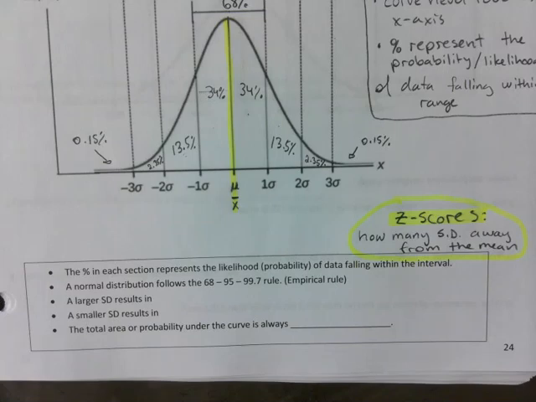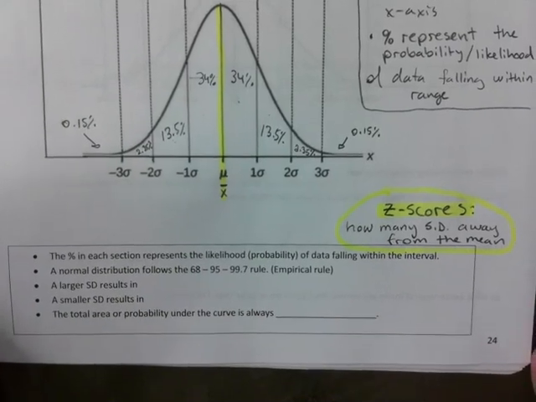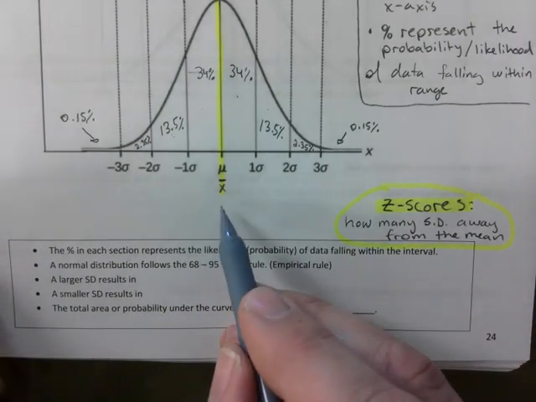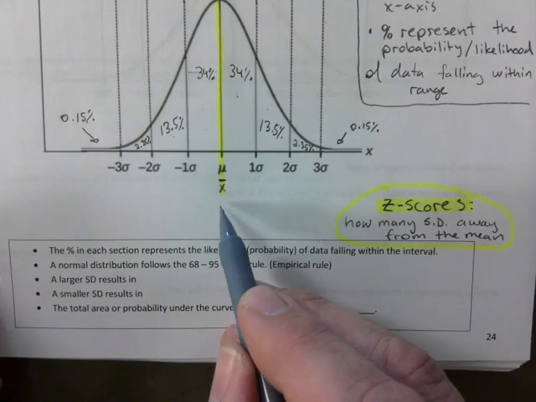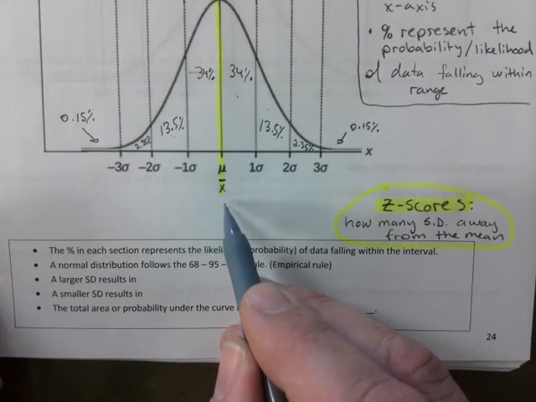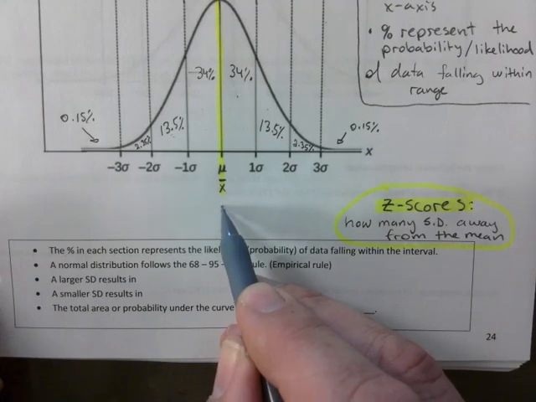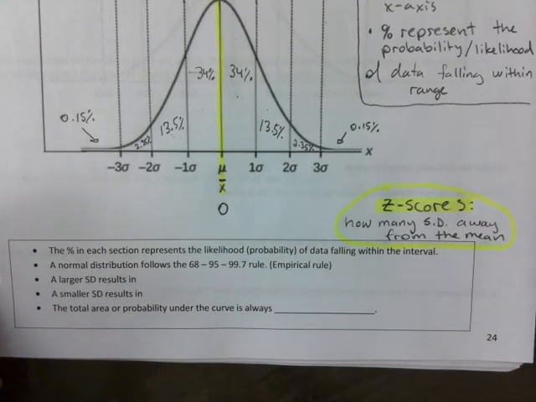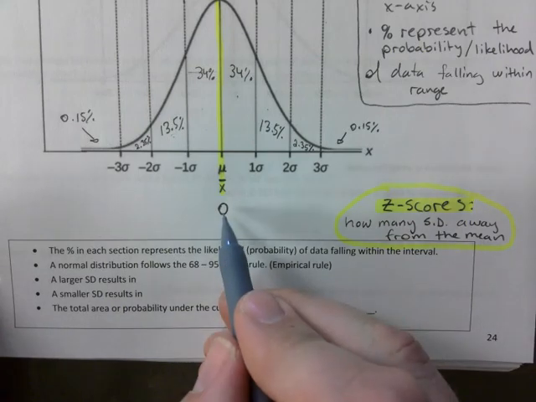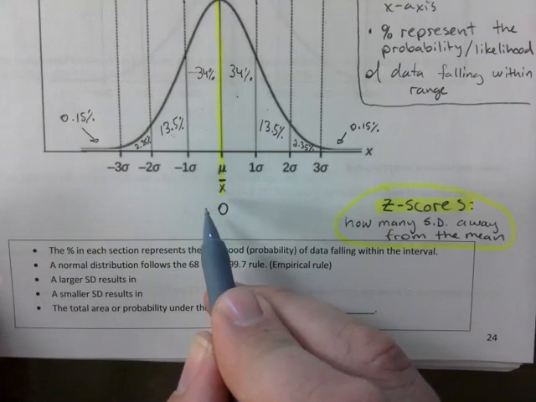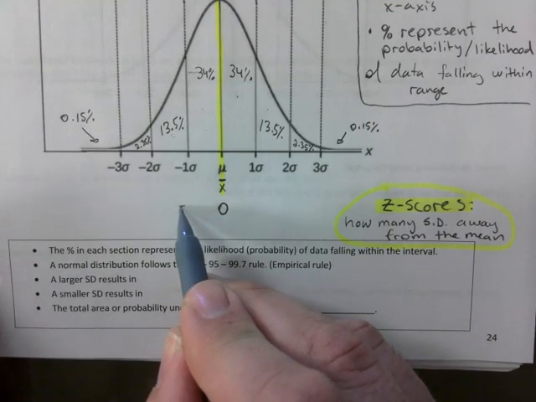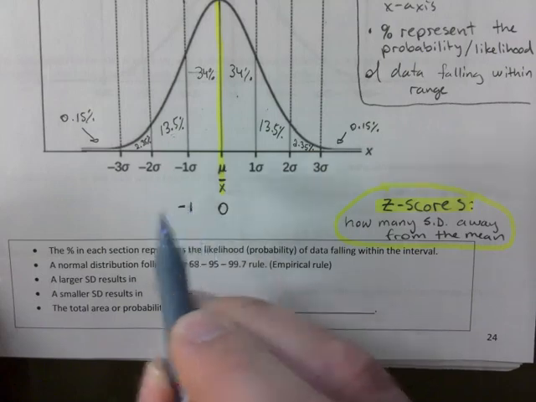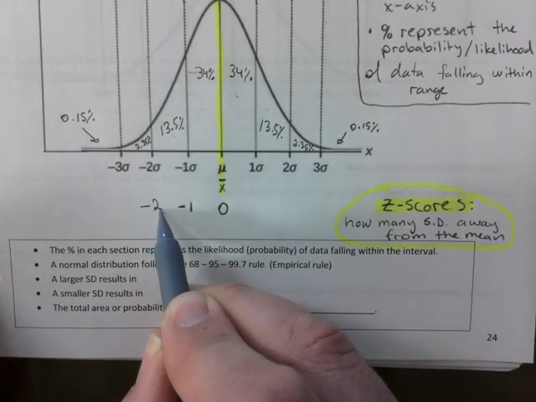What are z-scores? It tells us how many standard deviations we are away from the mean. So what's the z-score going to be right at the mean? It's going to be 0, because you're not at all away from the mean. You're right at the mean. Okay? And if you go to the left, one standard deviation, it'll be -1. It'll be -2.